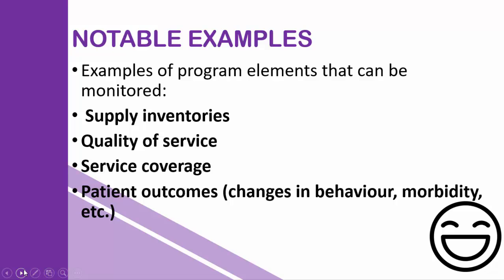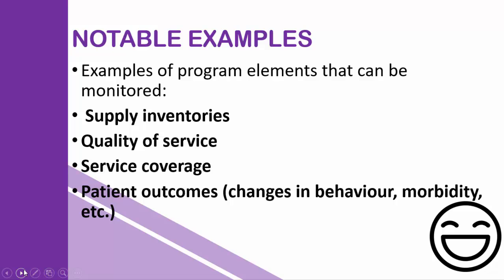Others may rate it differently depending on their mood. So this is what they call qualitative data. Service coverage, patient outcomes, all these are notable examples of variables that are being monitored.